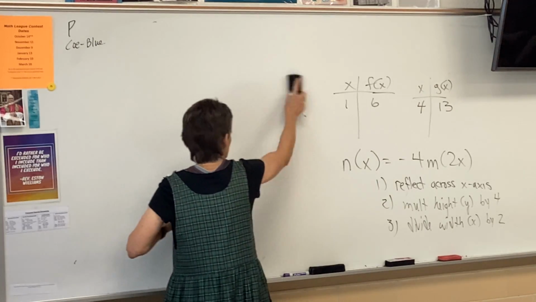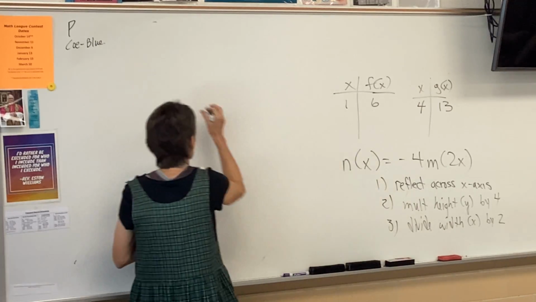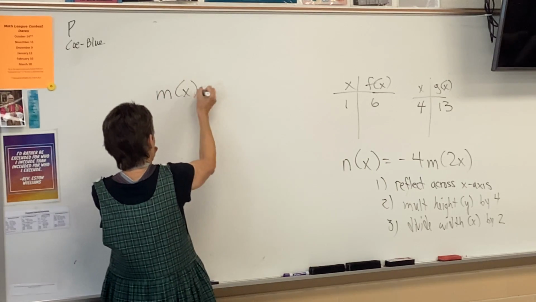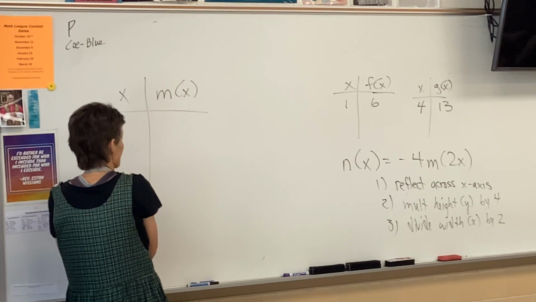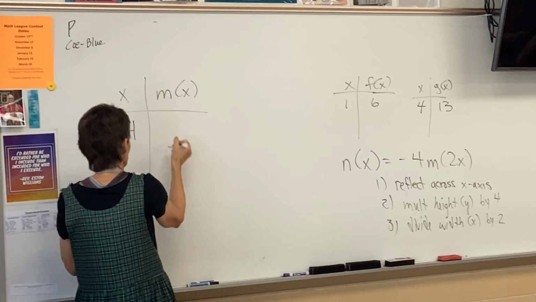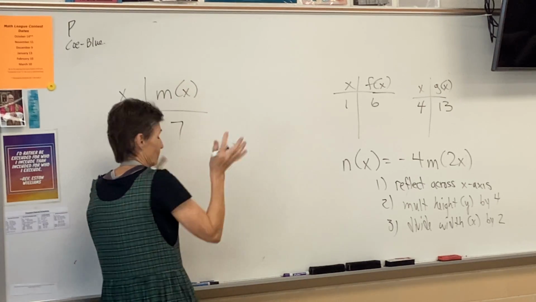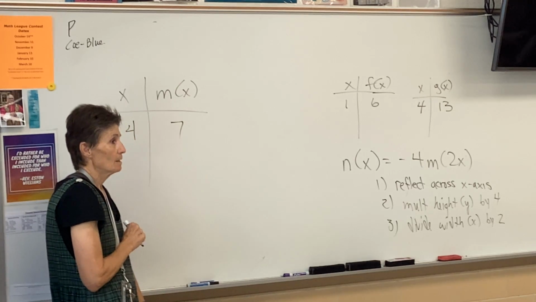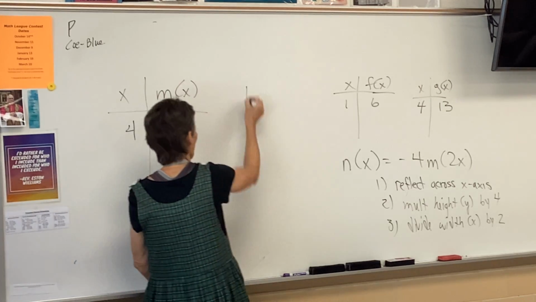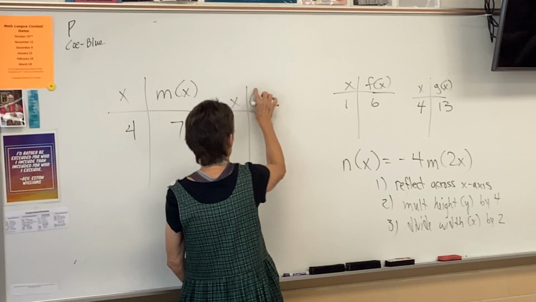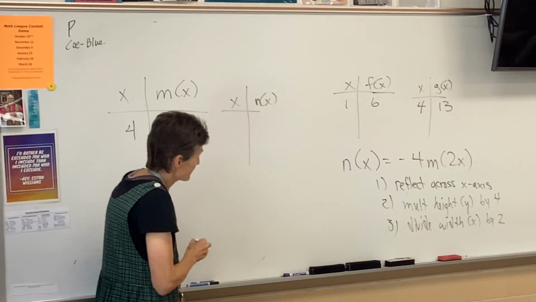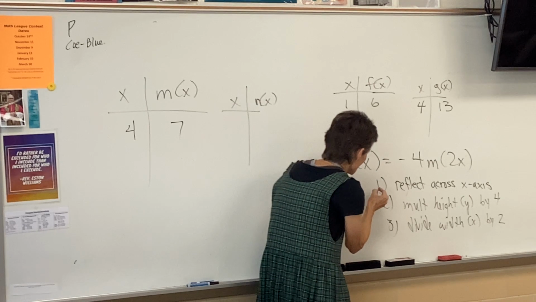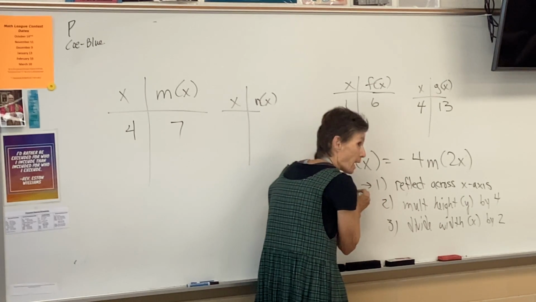So let's say that our original function has the point of, let's say, 4, 7, okay? What would be the corresponding point for our function n of x? All right, let's see. So this is going to affect y.